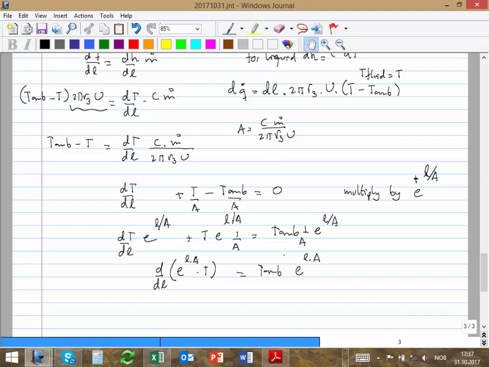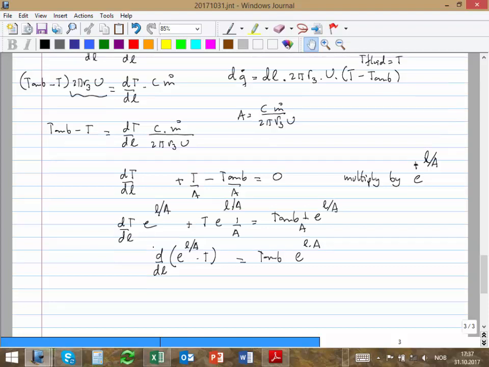I divided everything by A, then I multiply everything by L divided by A, and then I say these two guys are equal to the derivative with respect to length of e^(L/a). So that will give you this guy here times t, or the derivative of t times this one without deriving. Yes? Now it looks like it worked.